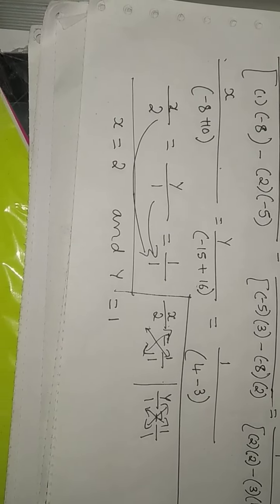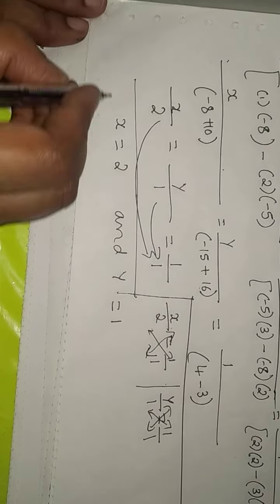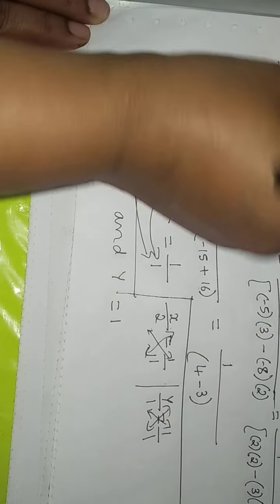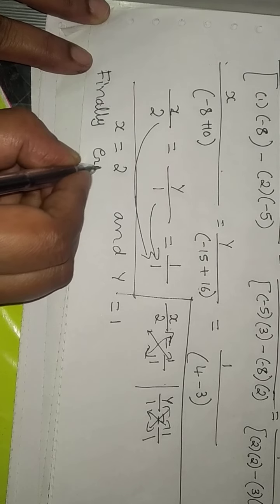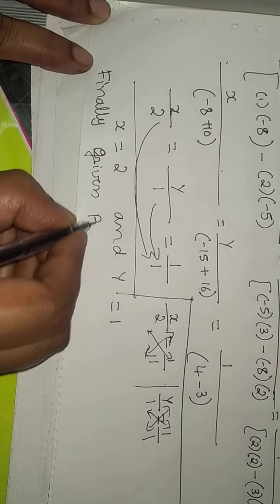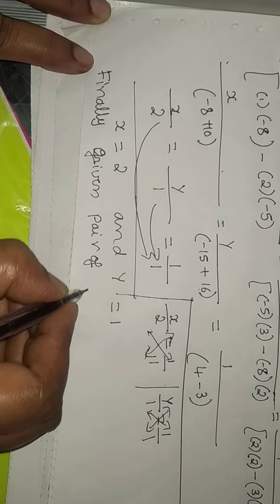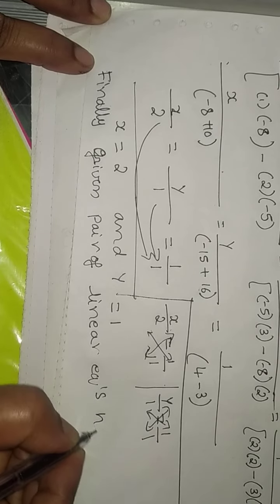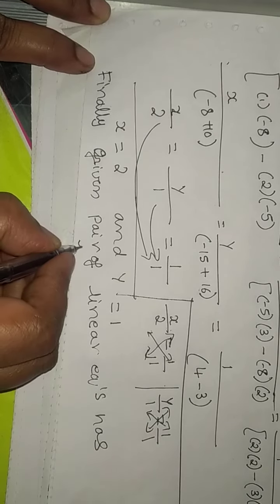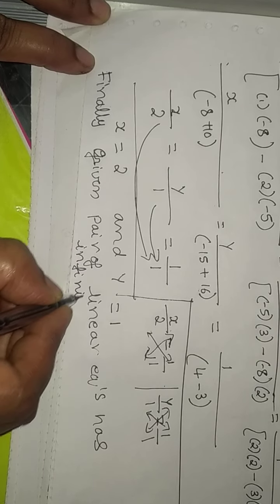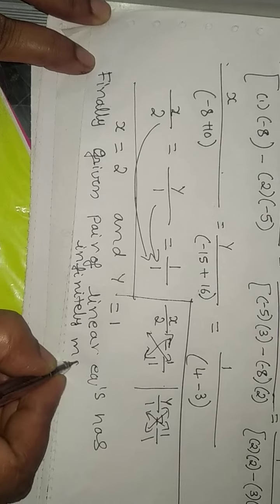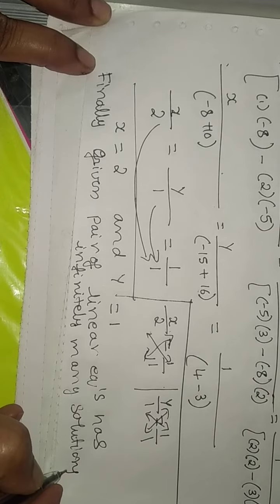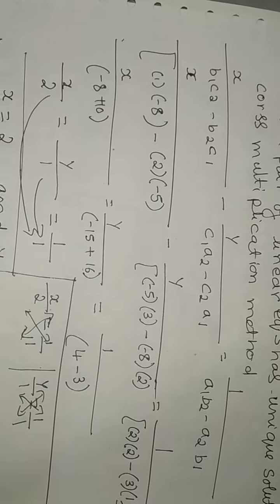So finally, the given pair of linear equations has infinitely many solutions. So this is the solution for the second problem. We move on to the third one.